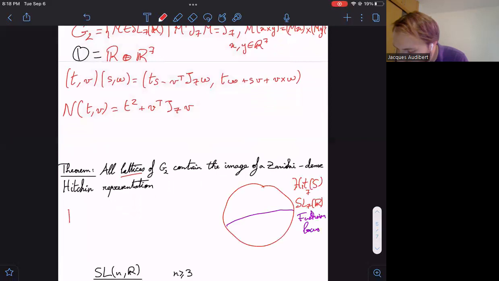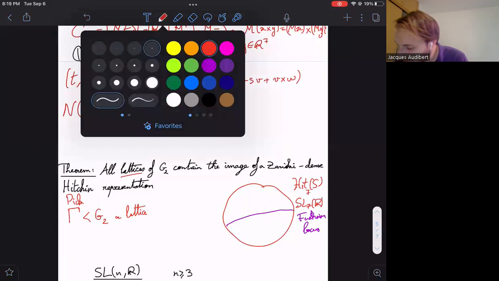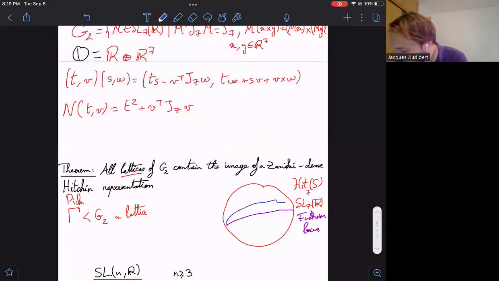We pick gamma in G2, a lattice. Here we have representations that lie in G2.